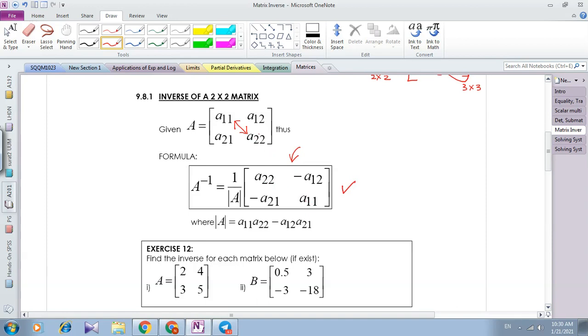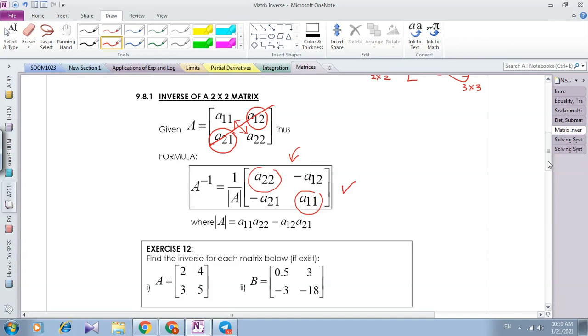So A22 will be here, and then A11 will be the last element, and then for the other diagonal, you will change the positive or negative sign. That means whatever the value here, this will be the negative of it. Whatever the value here will be the negative of it.